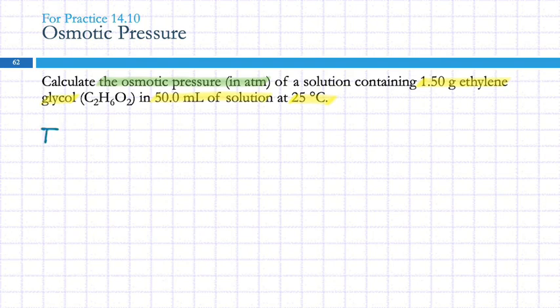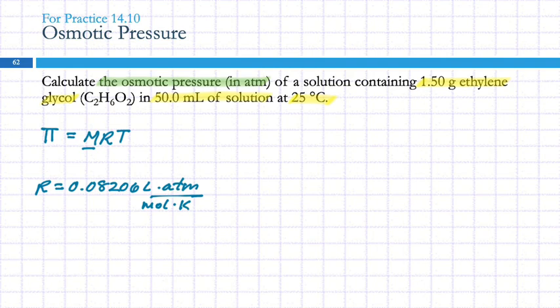So osmotic pressure is equal to the molarity times the ideal gas constant times the temperature. R here is 0.08206 liter atmospheres per mole Kelvin. Our temperature is 25 degrees Celsius.